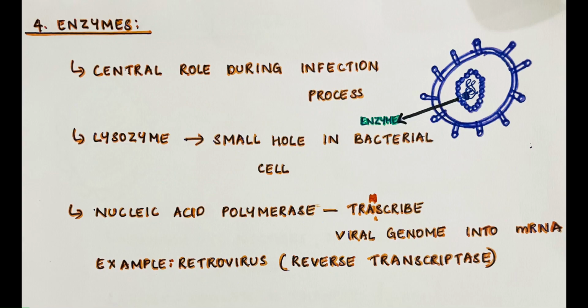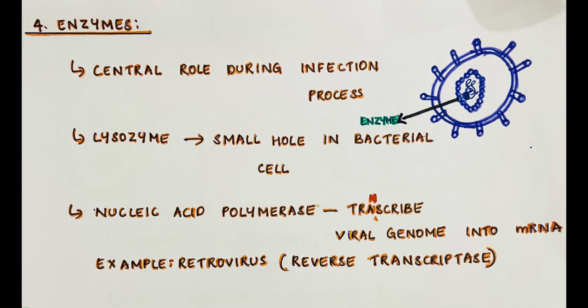Enzymes: some viruses contain enzymes which play a central role during the infection process. Some bacteriophages contain an enzyme called lysozyme which makes a small hole in the bacterial cell that allows viral nucleic acid to get in.